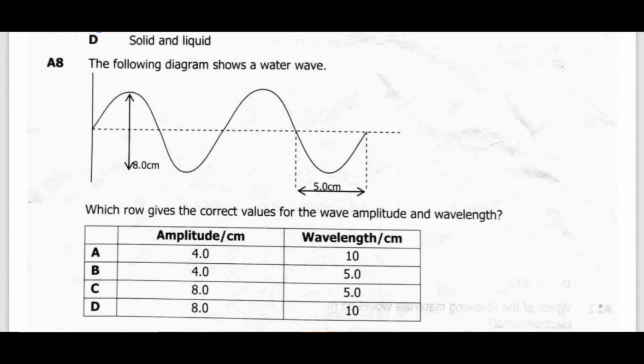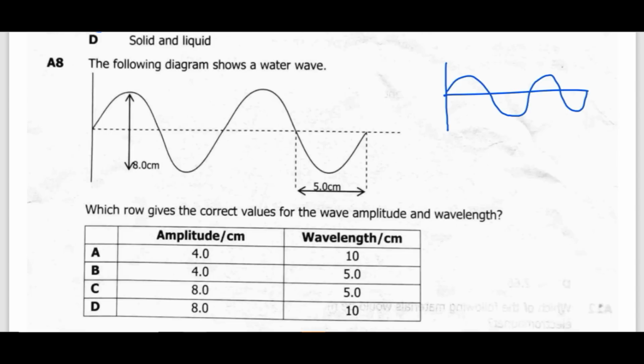The following diagram shows a water wave. It is very important for us to understand what we mean when we say a wave. We're going to draw it, looking like this. Let us identify certain things.